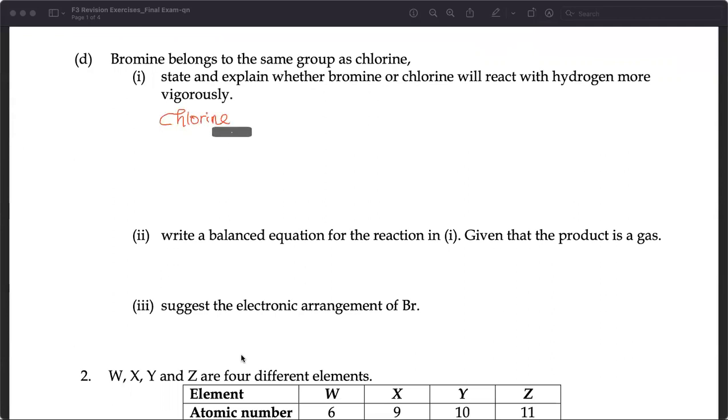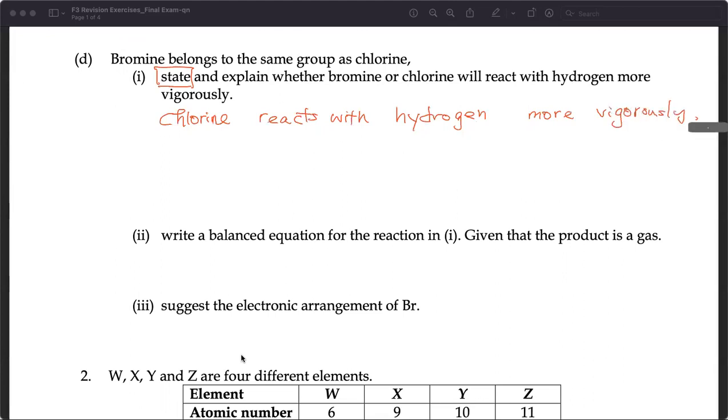We remember that chlorine reacts with hydrogen more vigorously. As it is asking you to state, you give the statement first. We say that chlorine reacts with hydrogen more vigorously.